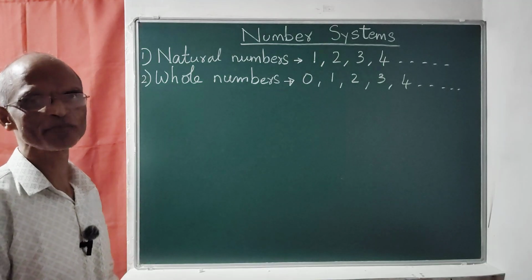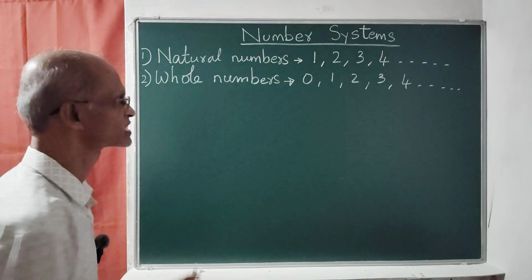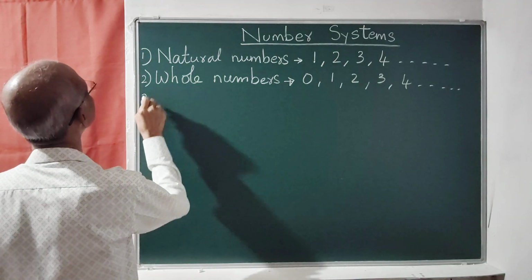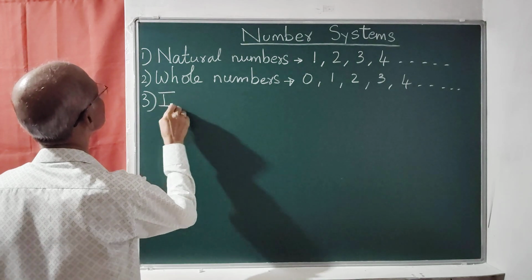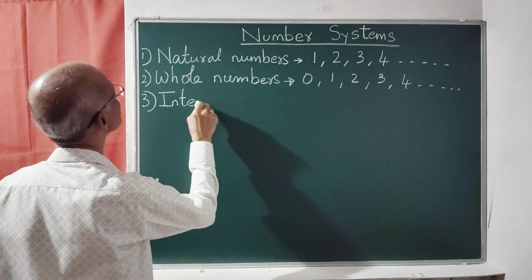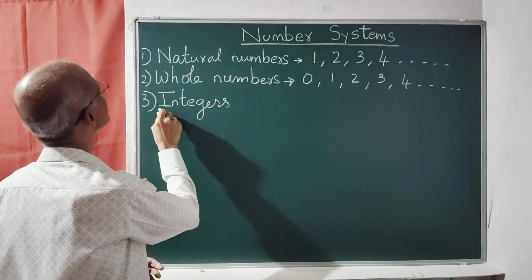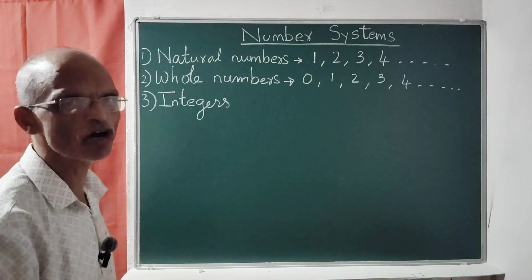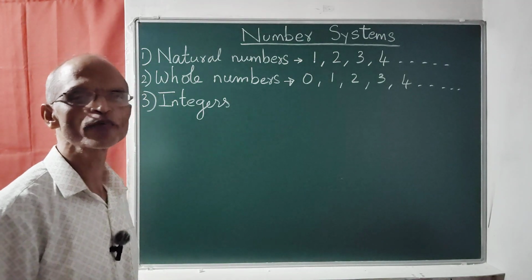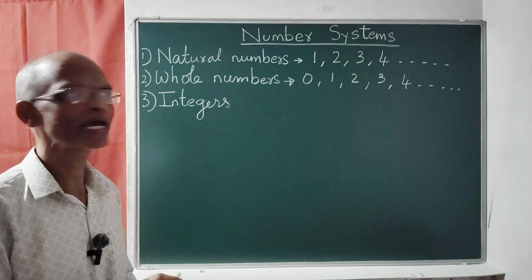The third system of numbers is called integers. Integers are the numbers that we see on the number line.